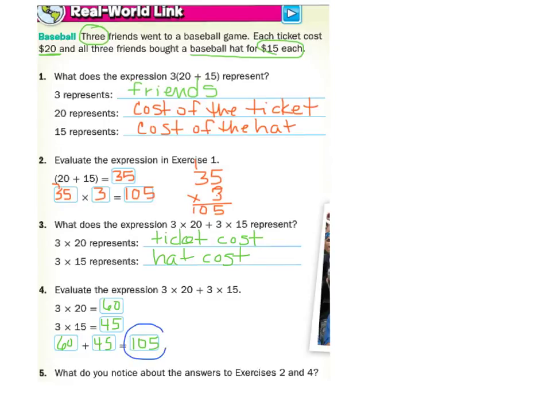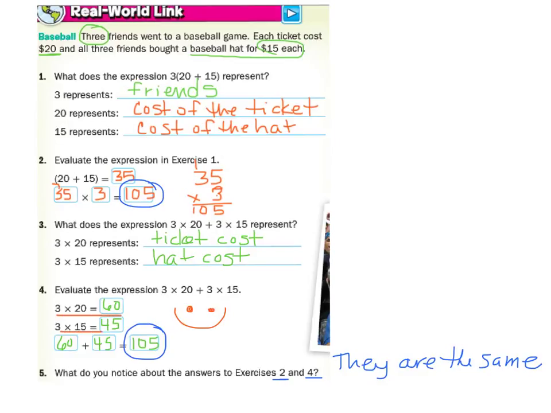So what do we notice about the answers here from 2 and 4? They are the same. So if I had my pick, I like this expression because I got to do this math a little easier. I knew that 3 times 15 was 45 and 3 times 20 was 60. But it's just as effective as number 2 as well.